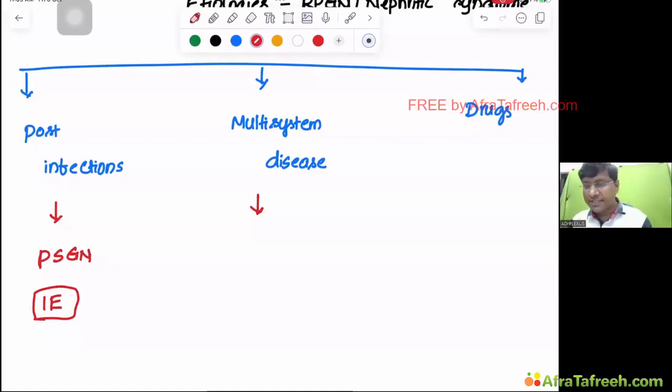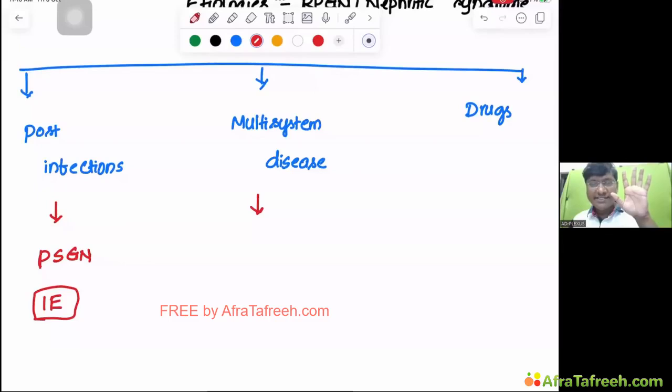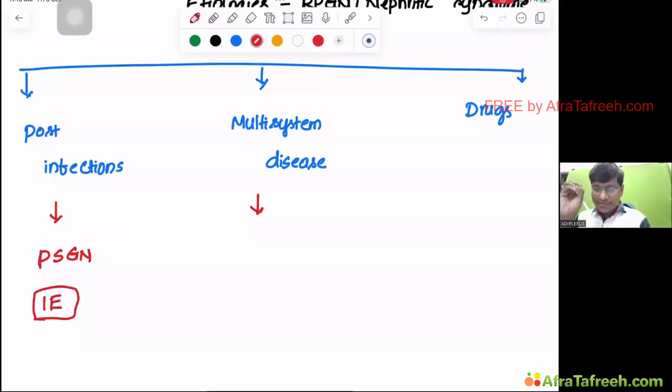And in these patients with infective endocarditis, what are the examination findings in the hand? Osler's nodes, that is in the pulp of the fingers; Janeway lesions; and what is it that you will observe in the nails? Splinter hemorrhages.